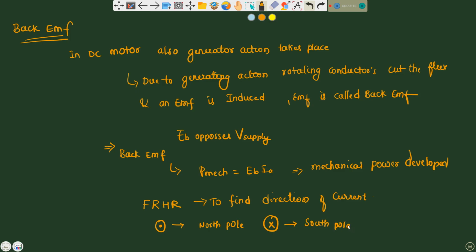So in this case it is reversing, that is, the opposite direction of current is passing in the armature winding. Understood?